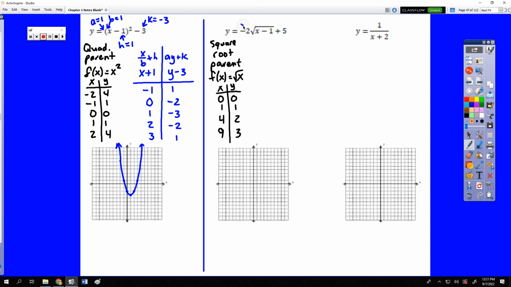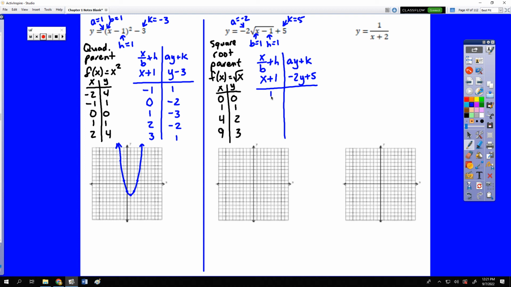Now, we have an a value of negative 2, a b value of 1, an h value of 1, and a k value of 5. X divided by b plus h, ay plus k. So that would be x plus 1, and then negative 2 times y plus 5.